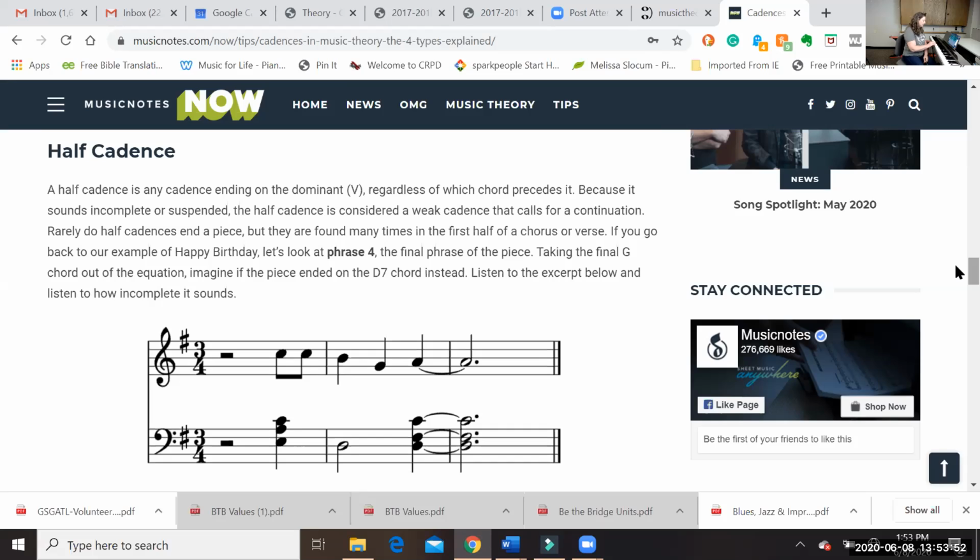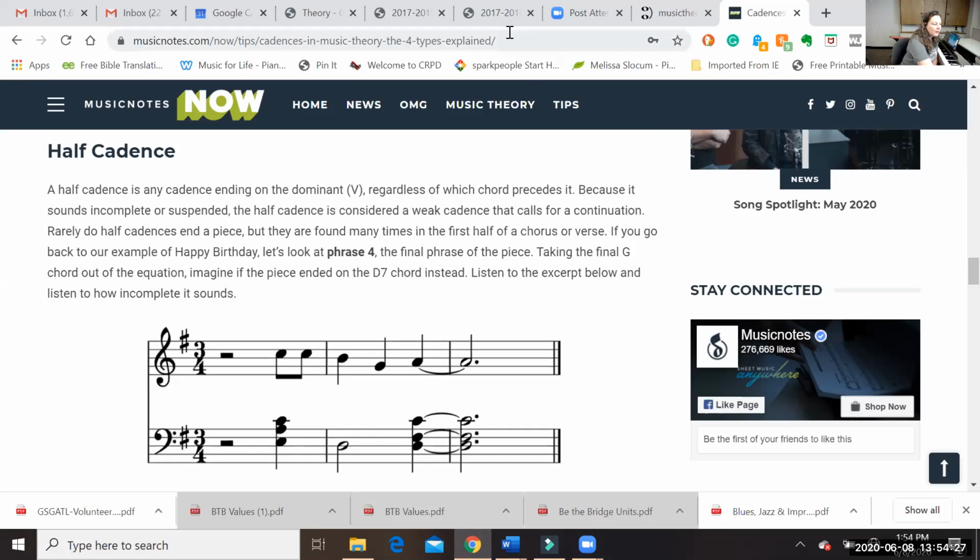So, for example, in the key of C, if you have a 4 chord that goes to a 5 chord, that's a half cadence. Why? Because I ended on a 5 chord. Here's another half cadence: I'm going from the 1 to the 5. That's a half cadence because I've ended on a 5 chord. Okay? So authentic is 5 to 1. Half is anything that ends on a 5.